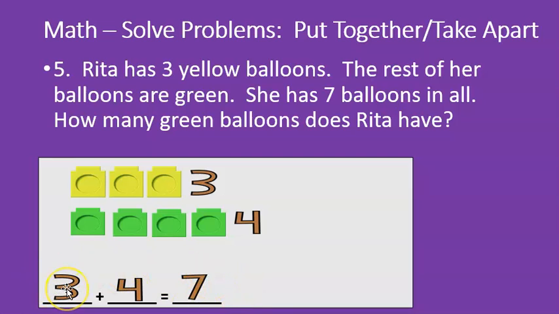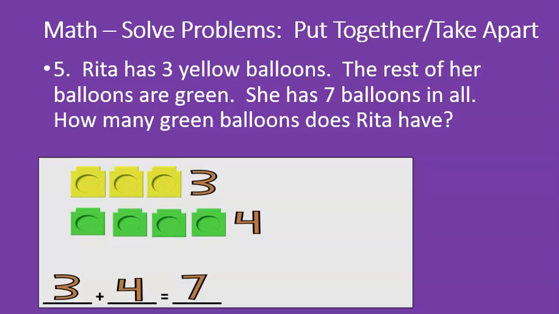Let's read it with Mr. Begay. 3 plus 4 equals 7. Again, 3 plus 4 equals 7. We have 3 yellow balloons on the first row. 3 goes up front. And we have 4 green balloons, okay? So 4 goes in the second number. When you add them all up, it's going to equal 7.